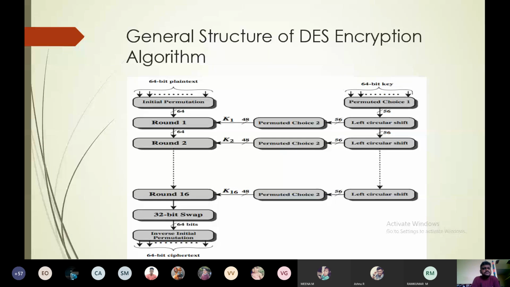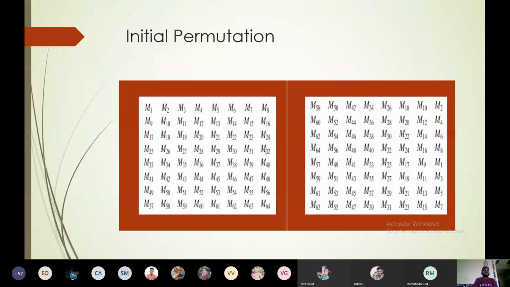These 3 diagrams are very important in the DES encryption algorithm. The first step is initial permutation. What happens in the initial permutation? The 64 bits are arranged in the form of an 8 cross 8 matrix. After that initial permutation, the data in that 8 cross 8 matrix is rearranged.